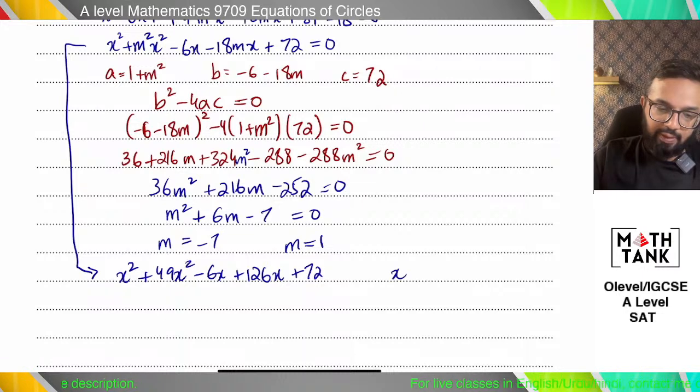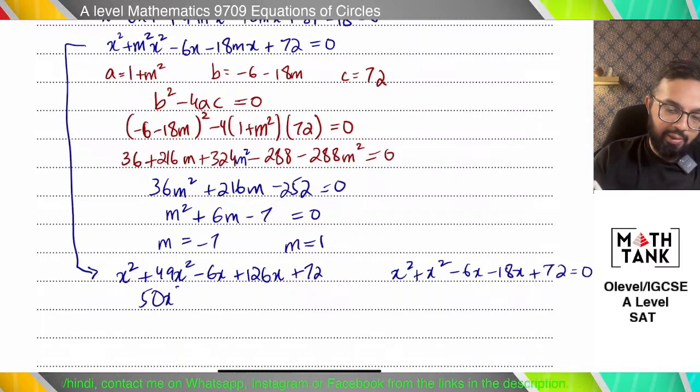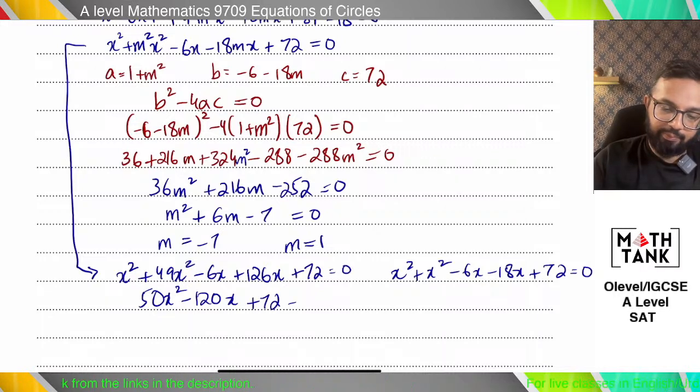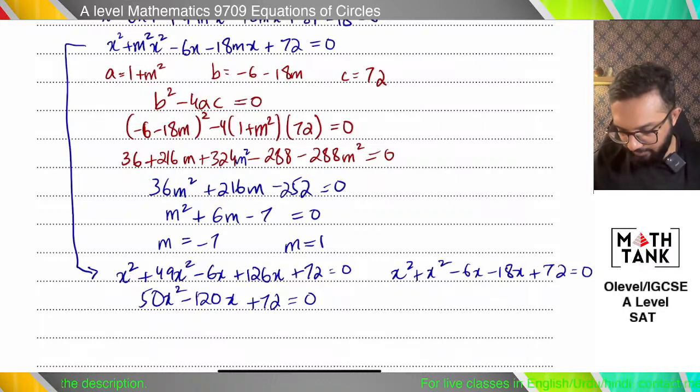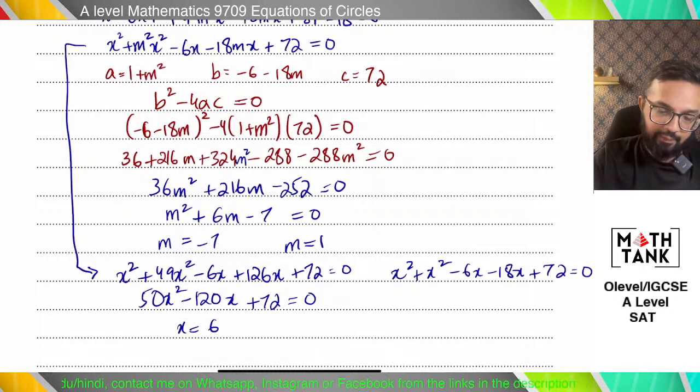And the other one's easy, I think. x² + x² − 6x − 18x + 72. So I then have 50x² − 120x + 72 = 0, which gives x equals 6 over 5.